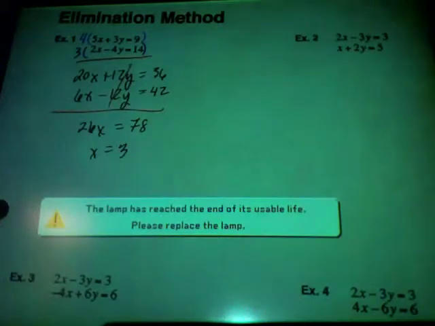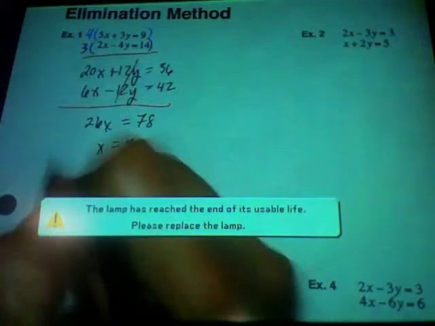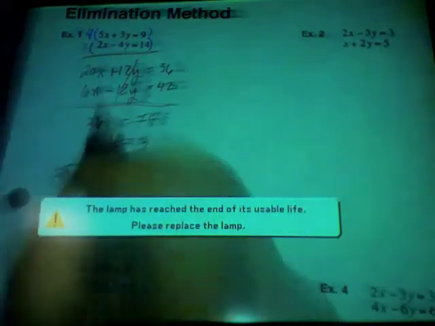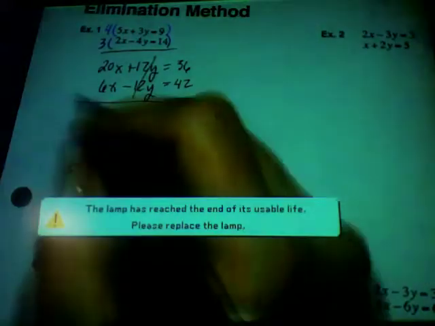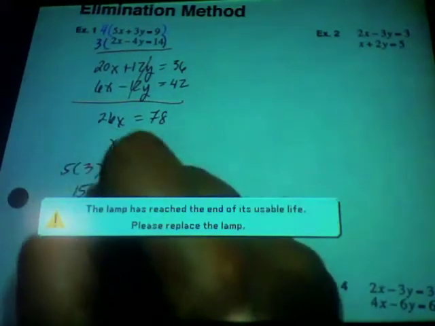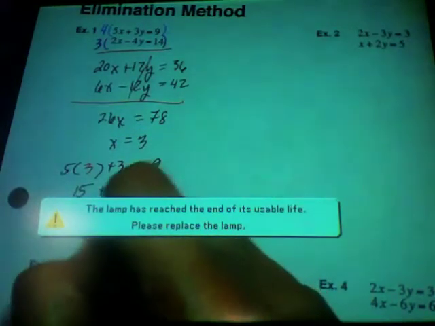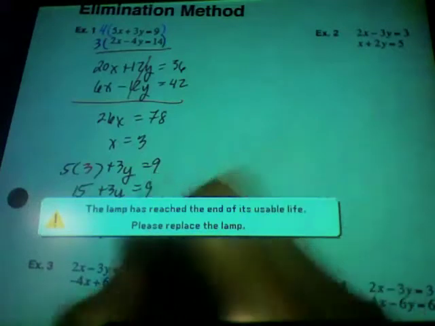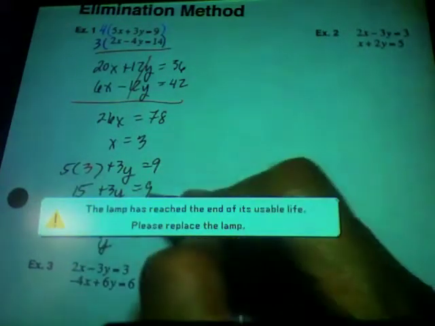Then you decide if you want to plug 3 into the top or the bottom equation. In this case, it really doesn't matter. I'm going to choose to plug it into the top one because there's no negatives. So I'm replacing x with 3. So we get 15 plus 3y equals 9. Subtract 15, 3y is equal to negative 6, because I'm subtracting 15.